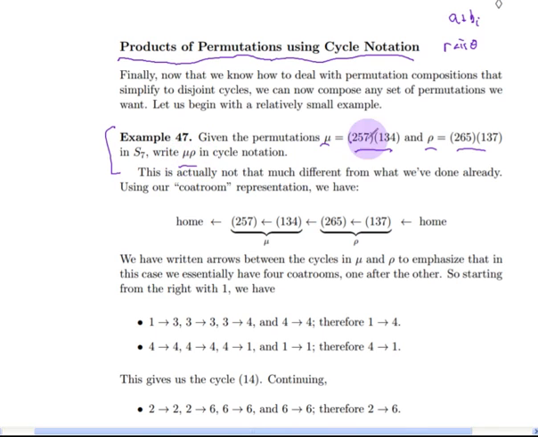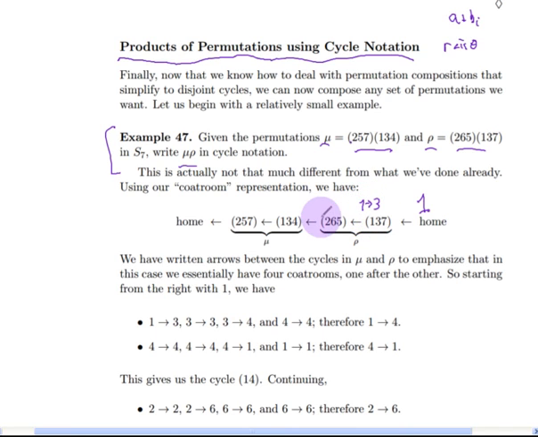I represent mu composed rho as mu, which is these two cycles, and rho, which is these two cycles. So I can feed in any element, see what rho does to it, and then see what mu does to it, and then find the result. For instance, 1. When I put 1 into rho, it's affected by this cycle. 1 becomes 3. It's not affected here.